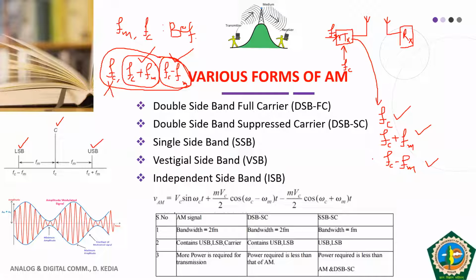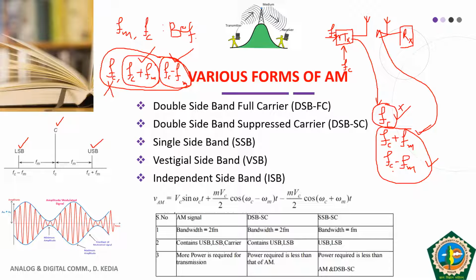So we may think of removing the carrier frequency here, and transmitting only these two through the channel. We can do away with this FC, because we have used the carrier to obtain FC plus FM and FC minus FM. Now we do not need the carrier. We have become selfish.